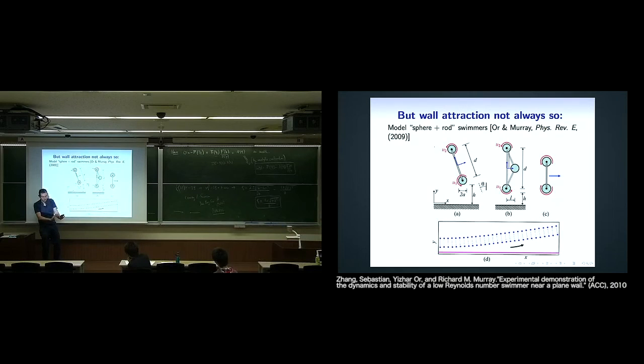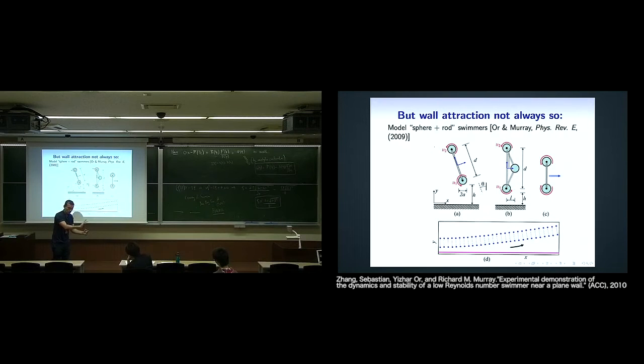So these angular velocities are the actuation mechanism, and the constraints that it has no net force and no net torque imply that it has to move in a certain way. Everybody understand? That's the essence of low-Reynolds-number swimming: no force, no torque implies velocity and angular velocity.